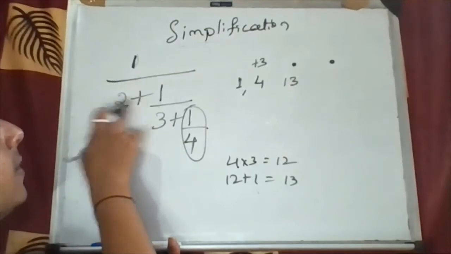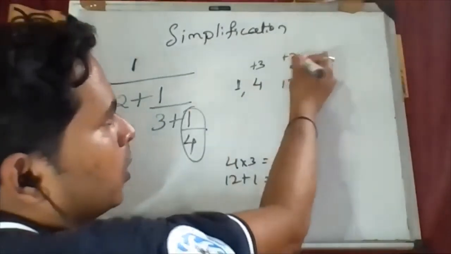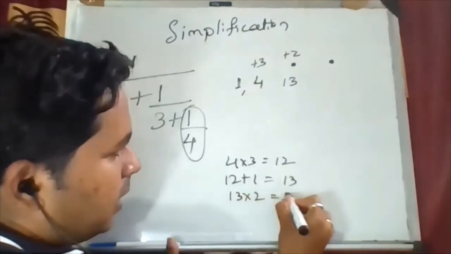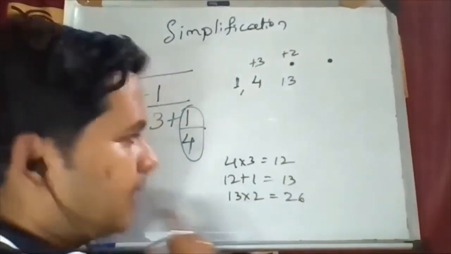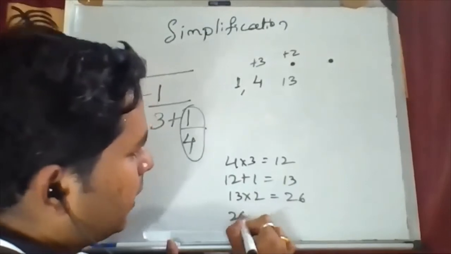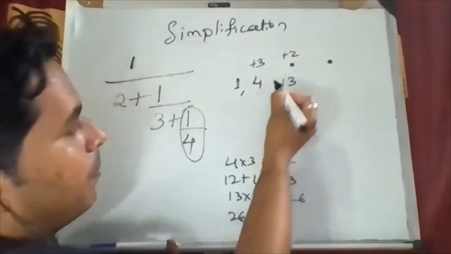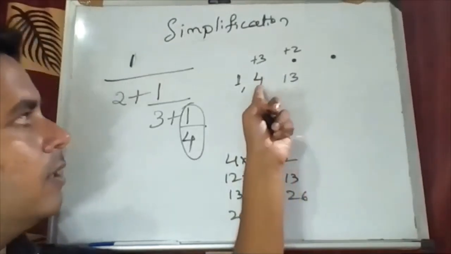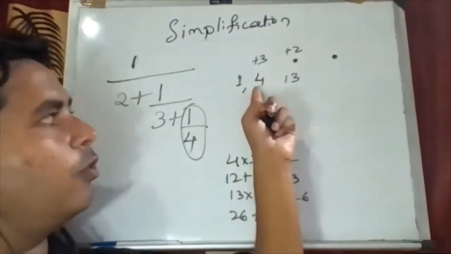13 के पहले this number is with the plus 2. Now what you have to multiply 13 into 2 is a 26. Okay. Now here, don't take third. Previous number was what? 13. Here is a 4 only there.